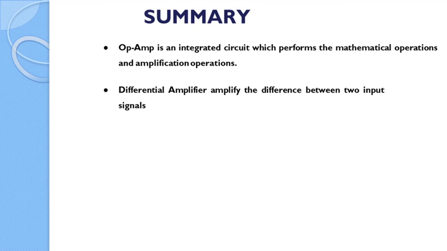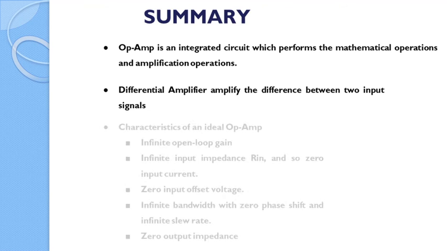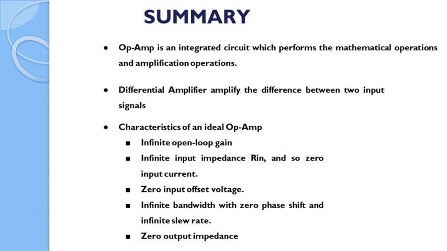A differential amplifier amplifies the difference between two input signals, and the characteristics of an ideal op-amp are listed here: open loop gain is infinity, input impedance is infinity, input offset voltage is 0, bandwidth is infinity, output impedance is 0.